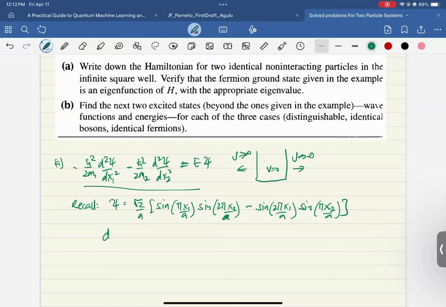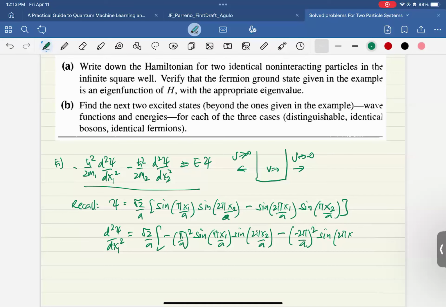If we take the second derivative with respect to x1, we get square root of 2 over a, negative pi over a squared sine pi x1 over a sine 2 pi x2 over a, minus negative 2 pi over a squared sine 2 pi x1 over a sine pi x2 over a.